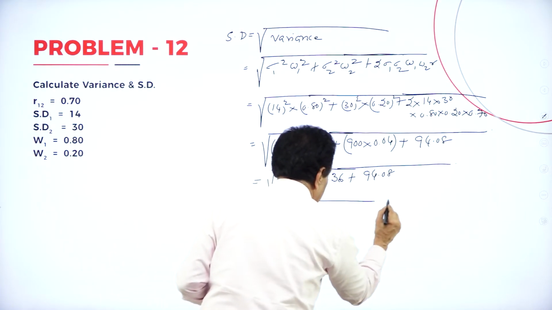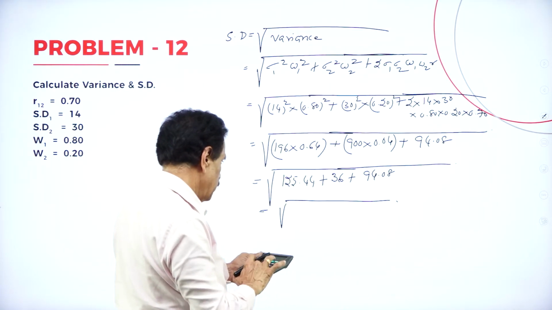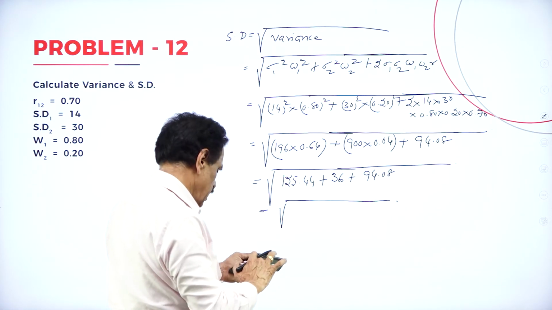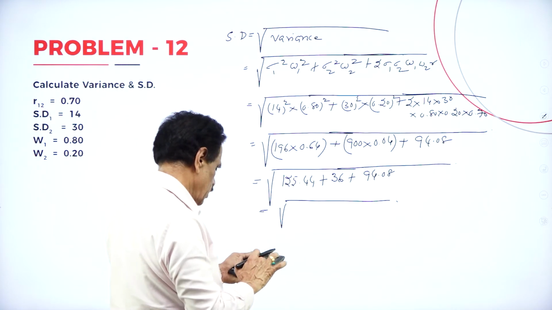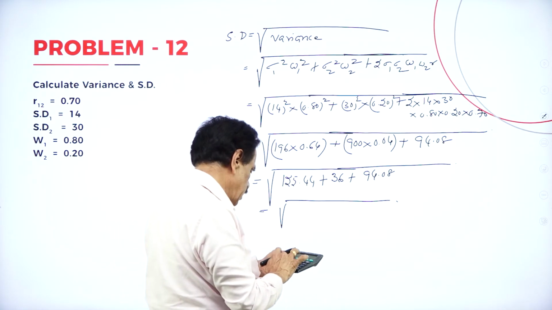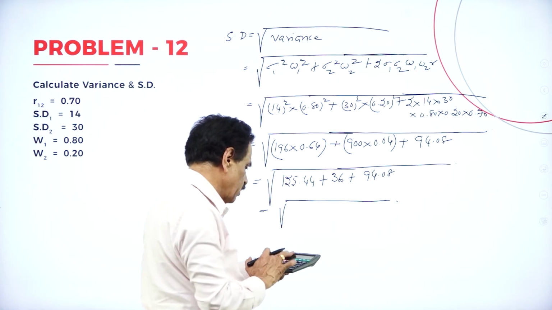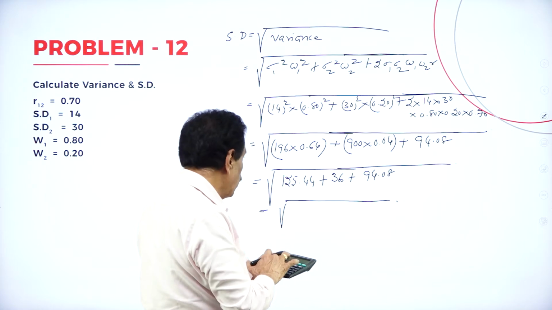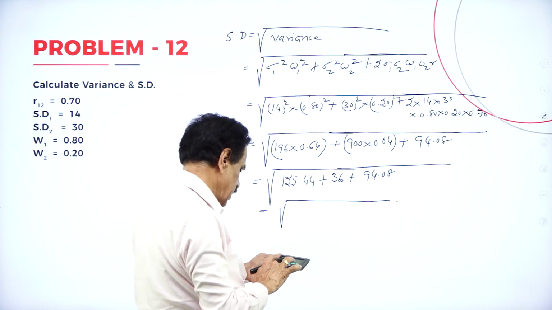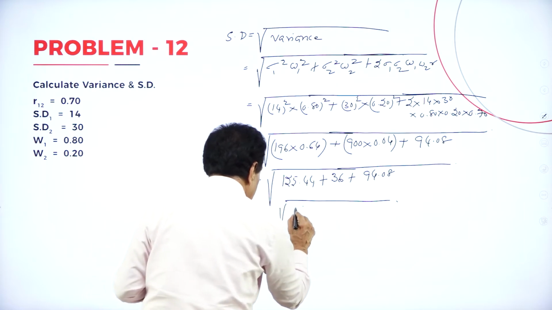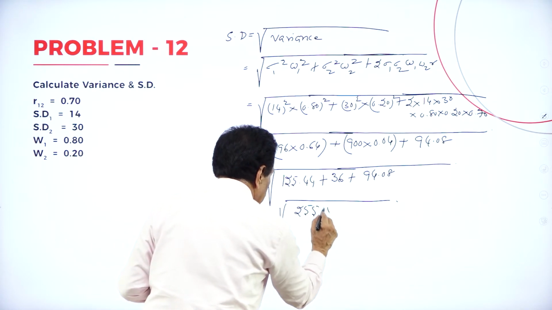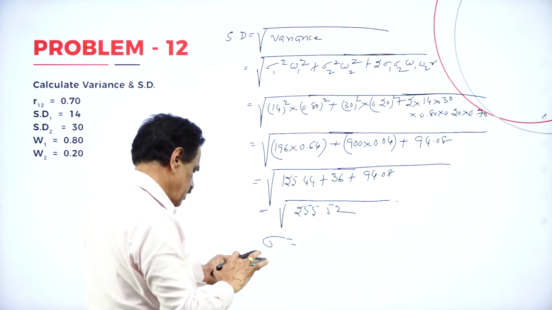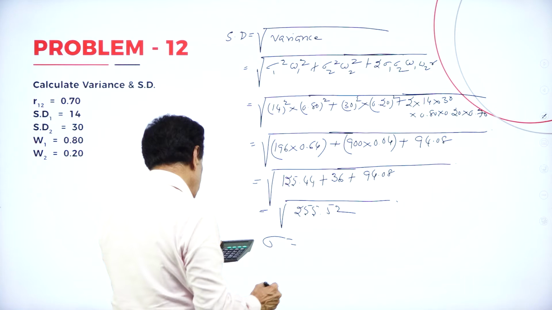Root of 36 plus 94.08 plus 125.44, this is 125.44 plus 36 plus 94.08, 255.52. So standard deviation is equal to root of this, 15.98.